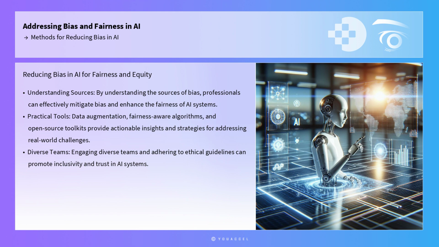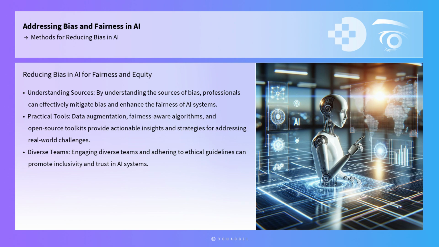In conclusion, reducing bias in AI is an essential step toward ensuring fairness and equity in AI-driven decision-making processes. By understanding the sources of bias, implementing practical tools and frameworks, and fostering a culture of accountability and transparency, professionals can effectively mitigate bias and enhance the fairness of AI systems.